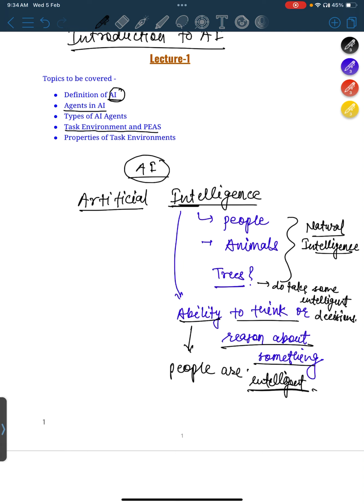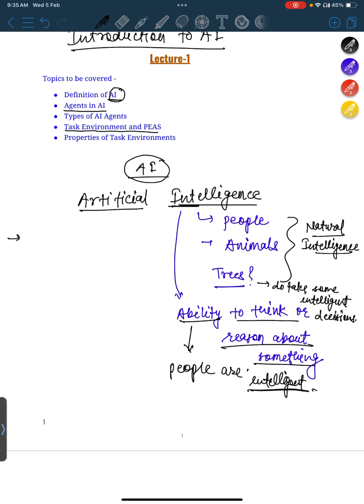There are various definitions floating around, and in various books you might find different definitions. But if we collect all these definitions and see what is common, we realize that they can be categorized into four different categories. So what are these four categories?